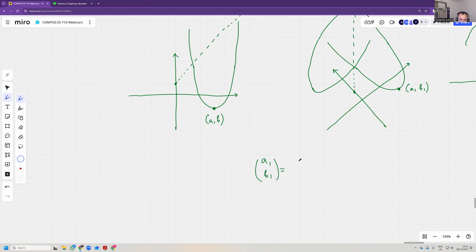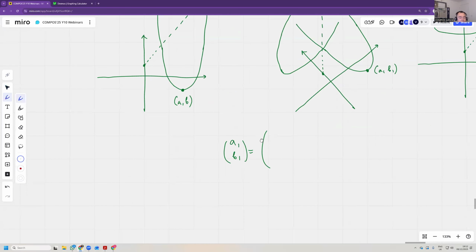A1, B1 is the matrix of rotation, where theta is the angle of rotation.